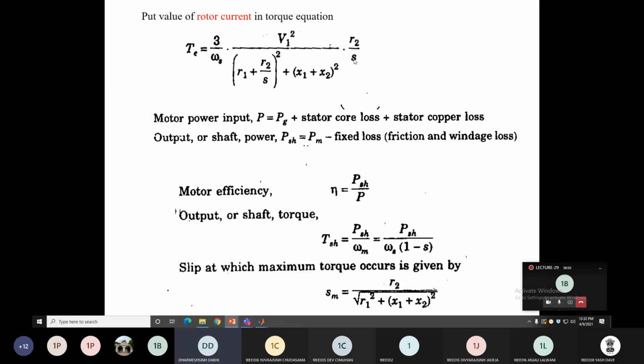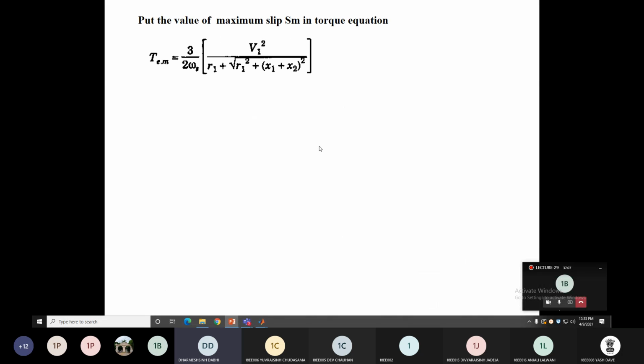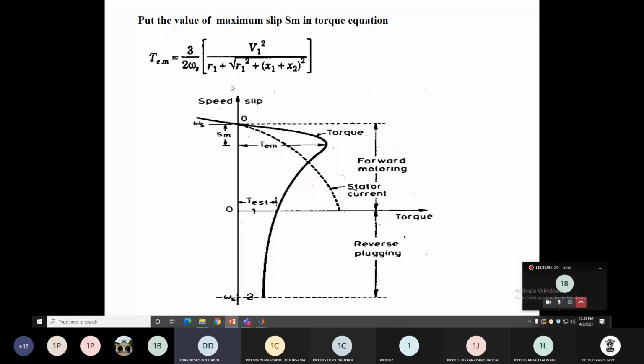So if you replace this S by the slip at which maximum torque happens, that will give the maximum torque of the induction motor. So we put this slip equation into the equation of electromagnetic torque. Now the final value of maximum torque becomes this one. So this is the equation of maximum torque in induction motors.